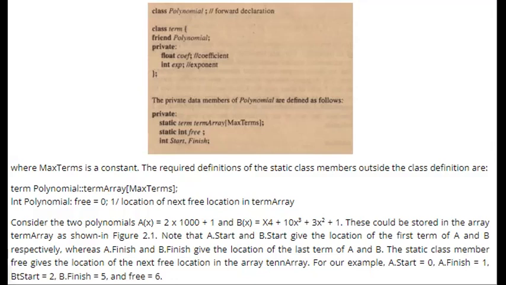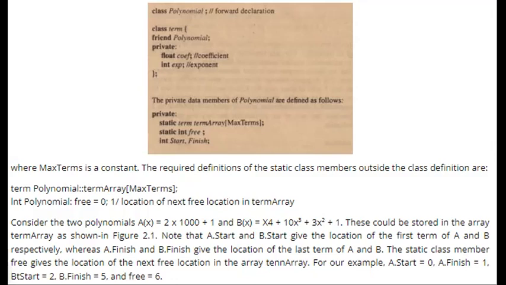So consider the two polynomials a of x equal to 2x to the 1000 plus 1, and b of x equal to x to the 4 plus 10x cubed plus 3x squared plus 1. These could be stored in an array as shown in figure 2.1. Note that a.start and b.start give the location of the first term of a and b respectively, whereas a.finish and b.finish give the location of the last term of a and b.